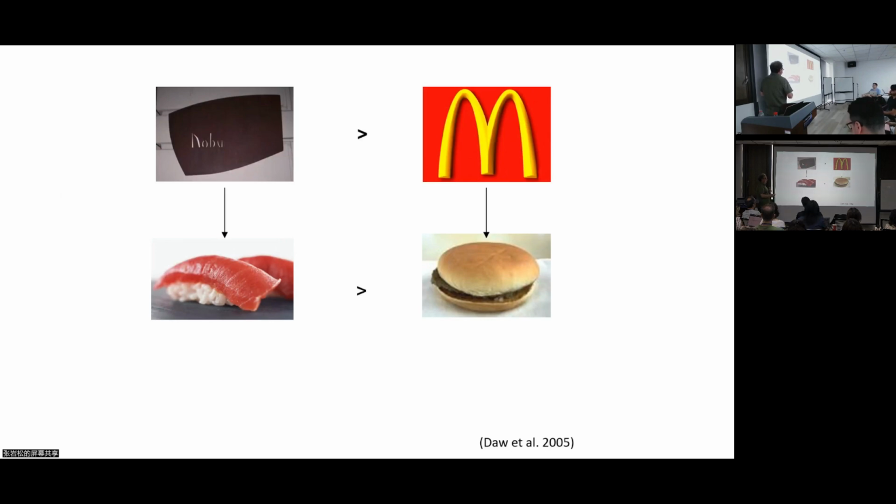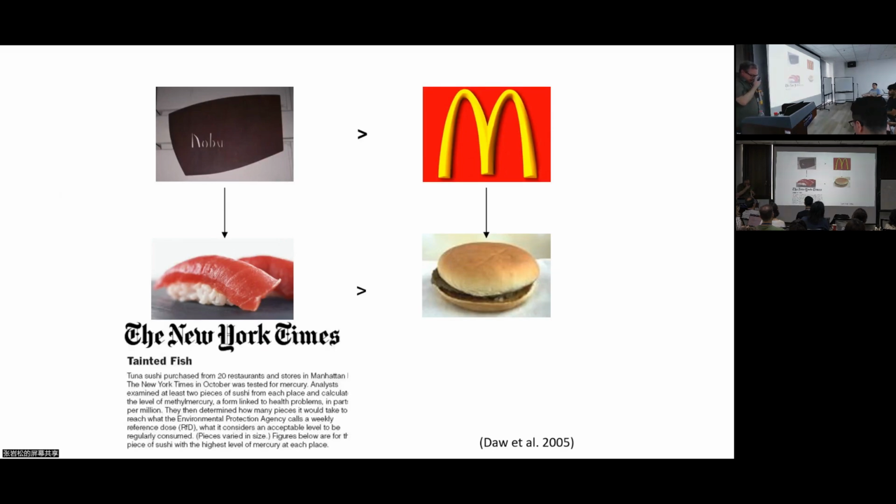Because I liked the sushi more than the hamburger, I would go to Nobu more than McDonald's. That was true, except one day I opened up the newspaper, and they had snuck into all these sushi restaurants and bought bags of fish, then sent it to a lab, and it was basically like poison.